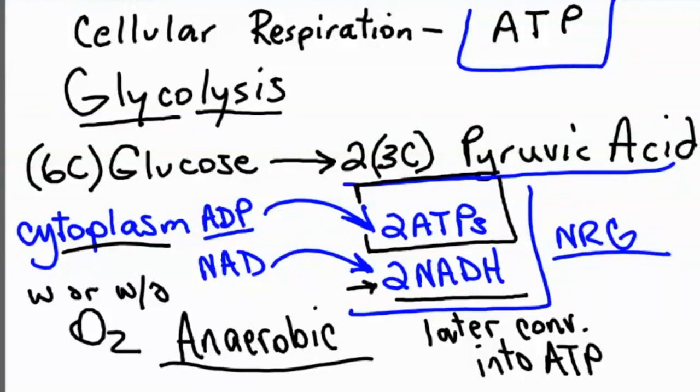But for us to continue to break this down and go through the normal process, the future processes will need oxygen. And so if in this step you don't have oxygen, you can't move forward. So the NADHs that get produced work together with pyruvic acid, and it produces something called lactic acid. So that's your answer for number 8. It produces lactic acid.